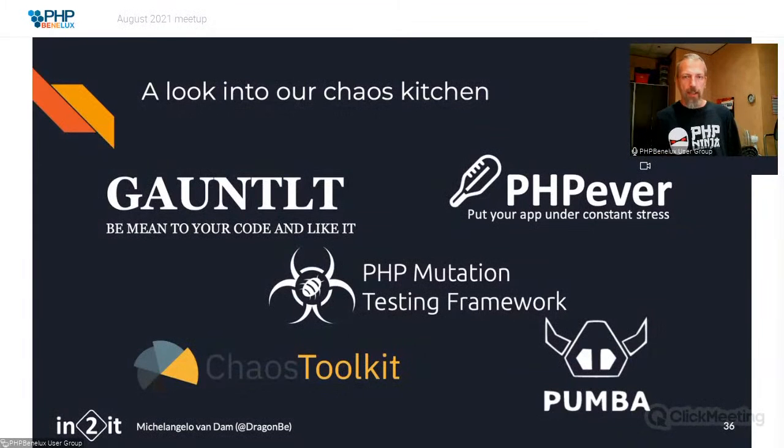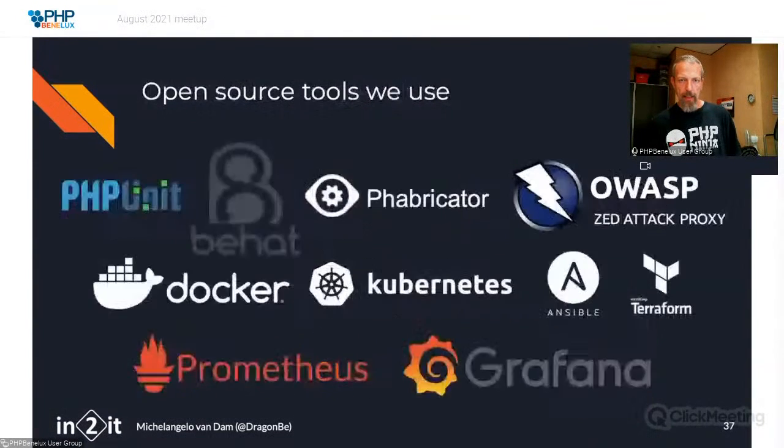Stefan already mentioned Infection, the PHP mutation testing framework. Testing your tests is also a form of resilience testing. Of course, you have the Chaos Toolkit and Pumba. They are great tools. Have a look at them. There's probably a nice tool for you in there.